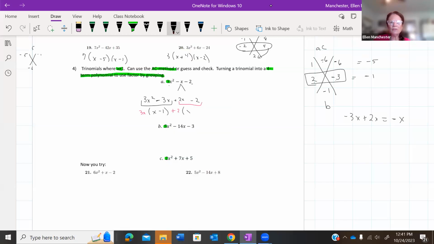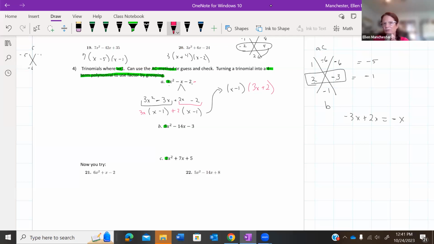And then what's left is x minus 1. I'm going to finish over here. So I factor out the x minus 1. And what's left is 3x plus 2. Okay, so those are my factors. If I were to multiply this back through, I would end up with 3x squared minus x minus 2.